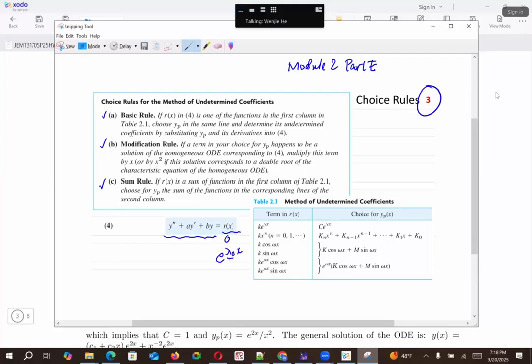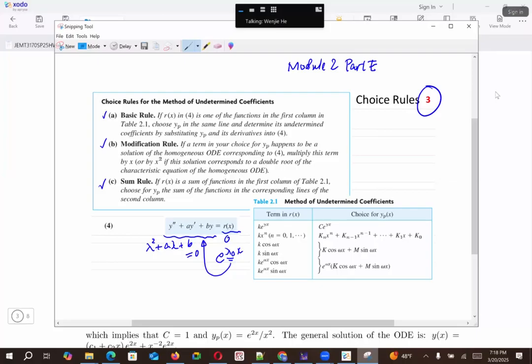But this lambda 0 happens to be a root of the characteristic equation of the homogeneous equation, y'' plus a y' plus b y. To be a root, there are two cases.